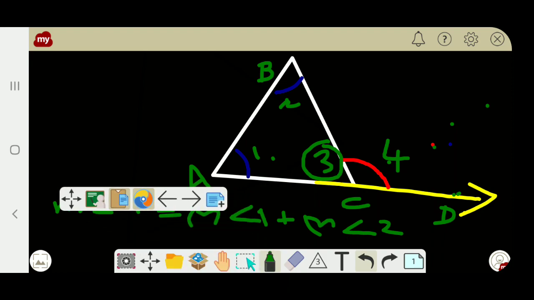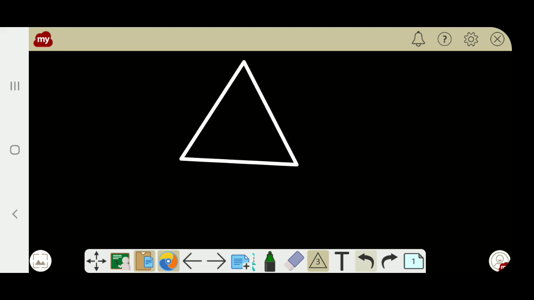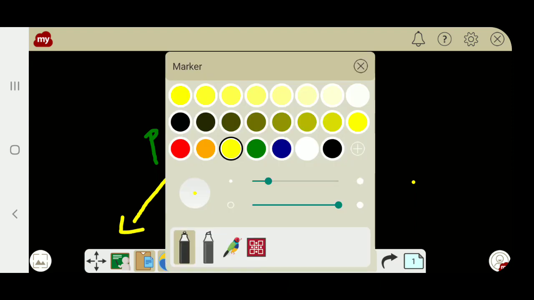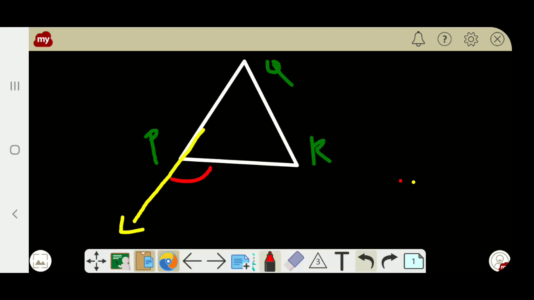Okay. Yes, we can consider one more example. Here name P, Q, R. If I extend the side PQ or QP, you can see that one more angle is formed here.